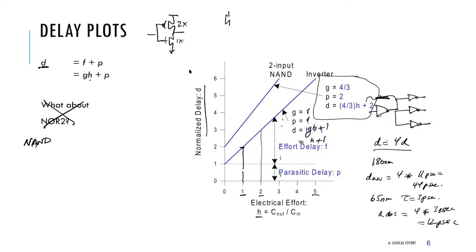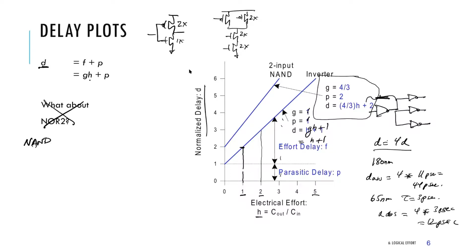And we said if we have a NAND gate that wants the same drive, the two PMOSFETs could stay the same size, but the NMOSFETs we had to make twice as wide because there are two of them in series. So this has to be 2x wide, this has to be 2x wide, to have the same drive.